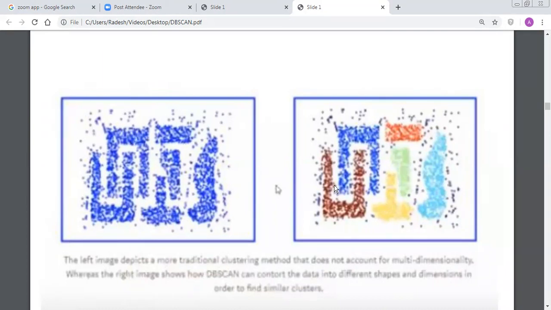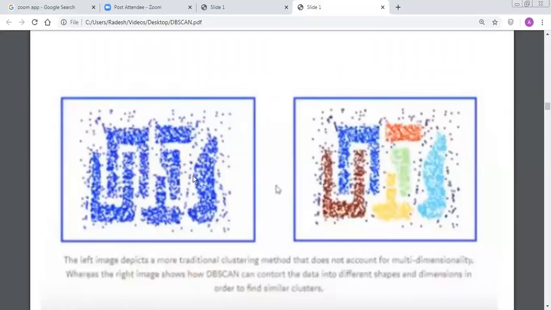If you look at the right side, the brown color represents one cluster, blue is another, yellow is another, green is another, red is another, and the sky blue color is another cluster. And the dots existing around and in between all these are the noise, the outliers, which cannot be part of any cluster.